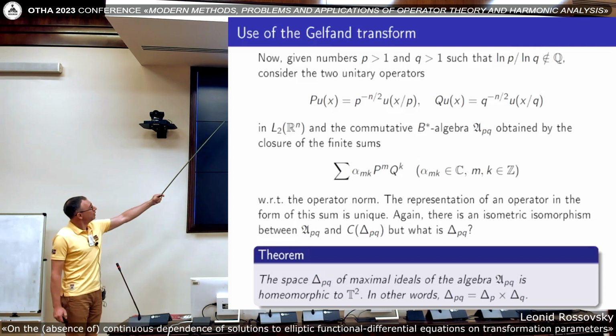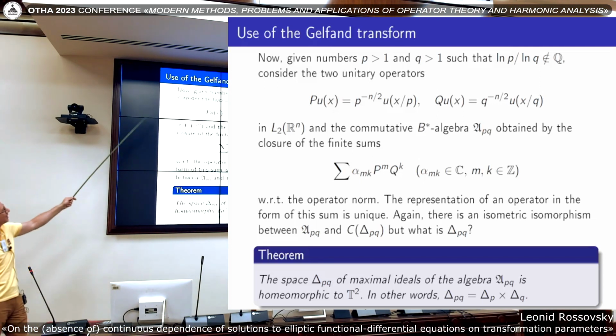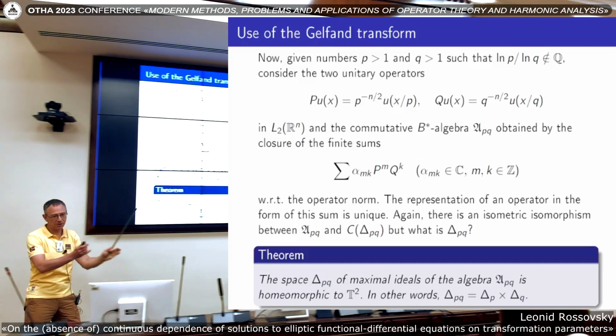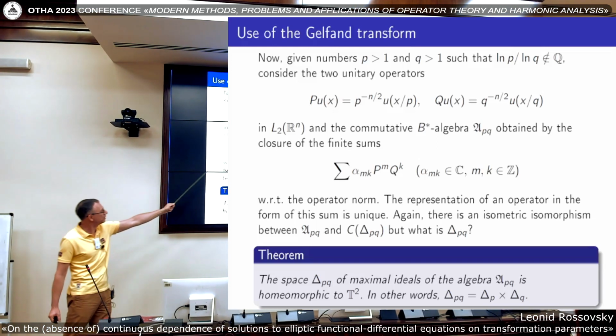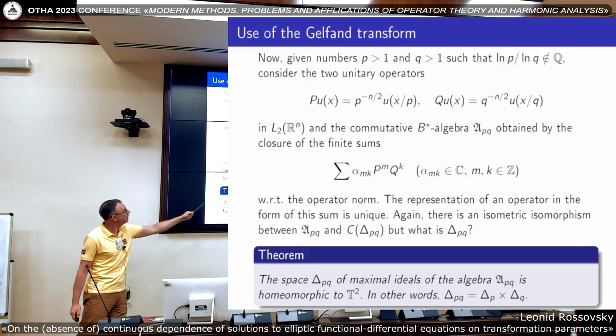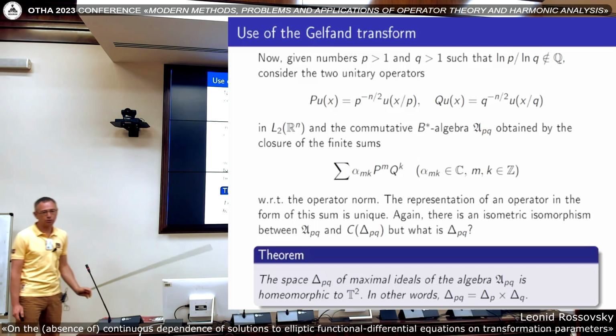But now, given two numbers P and Q multiplicatively incommensurable, consider the two unitary operators P and Q. Yes, they're the same, but with multiplicatively incommensurable scaling parameters. And we consider the commutative B star algebra obtained by the closure of the finite sums. So the algebra with two generators.